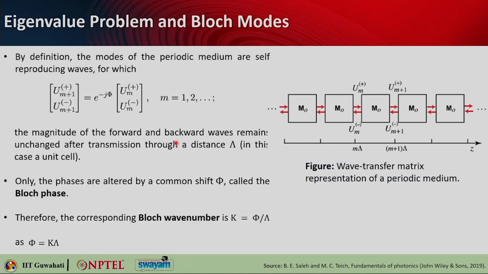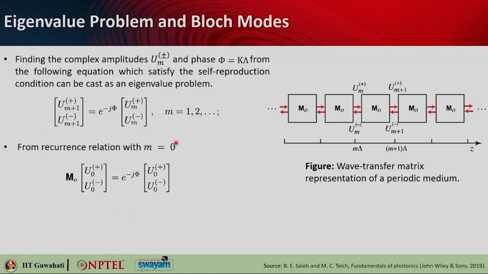So, if you bring this equation here, on the left hand side you get M0 times (u0+, u0-) is equal to e to the power minus j phi times (u0+, u0-). So, this is an eigenvalue problem of this 2 by 2 unit cell matrix M0, right.